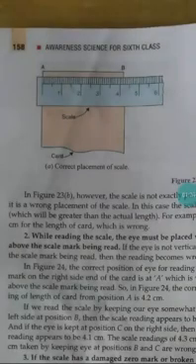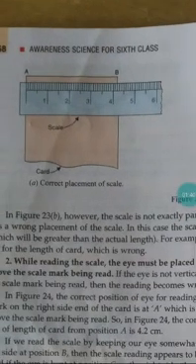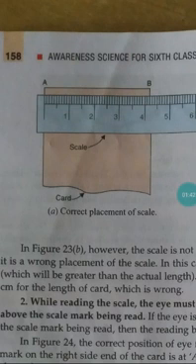It is said, students, the scale should be placed parallel to the side of the object being measured, and it should also be in touch with the object being measured. We all use a scale. Now, in figure 23a in your book, they are measuring the length. The correct placement of the scale should be like this.